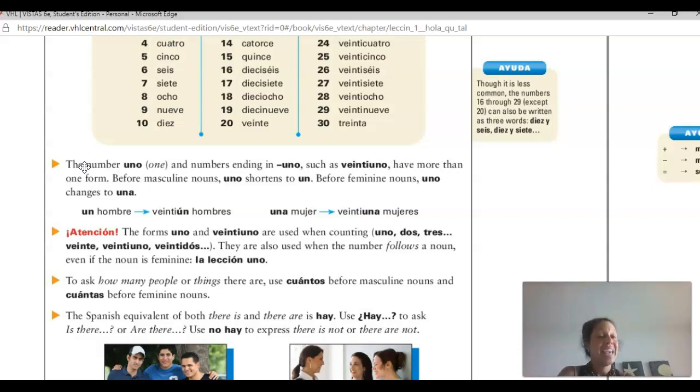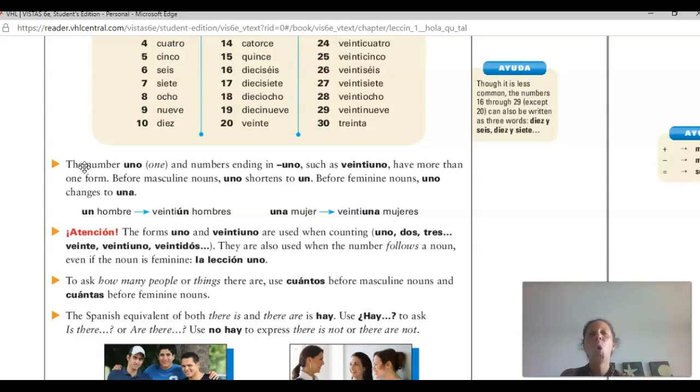Now, if you want to add the noun, in this case teléfono, then we have to modify the uno, and it becomes un.